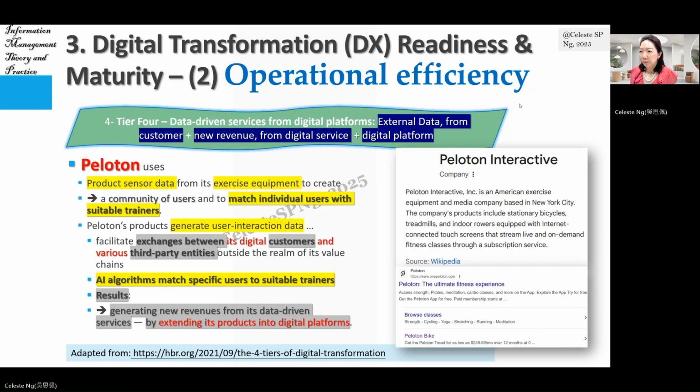Okay. And the idea of digital platform here is to realize more business value when it tries to match its customers' requirement with external trainers, whereby the matching between demand and supply happens. So it is the fourth tier, all right, whereby we add the idea of digital platform inside.